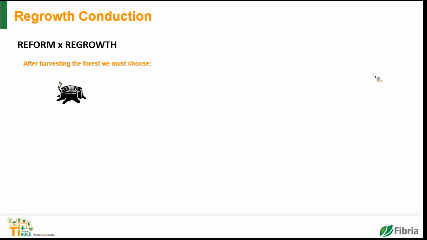So you have two options to go. You can reform, that means that you can kill the old tree and plant new trees in order to create a brand new forest.